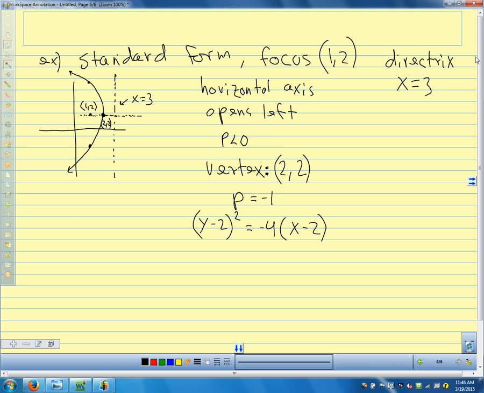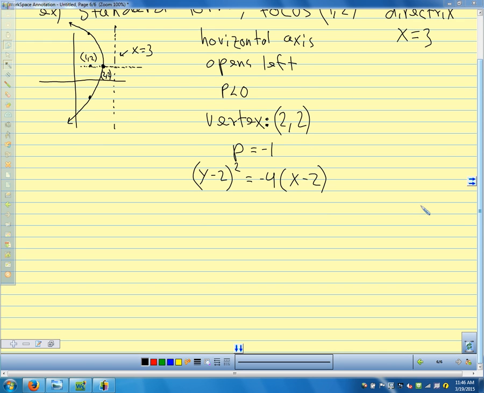All right. This last one we don't have to go all the way through. I just want you to see how to set it up. Hopefully this one will be a familiar type of problem, because we've done this type of problem in several different contexts. So we want our standard form.